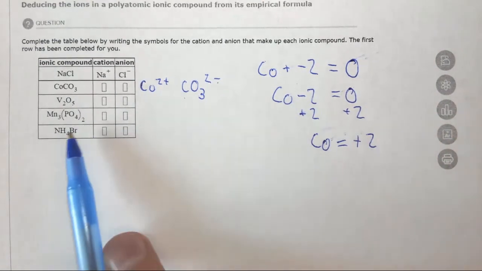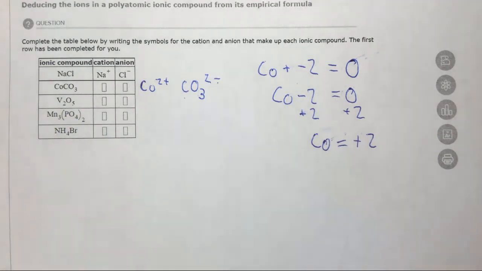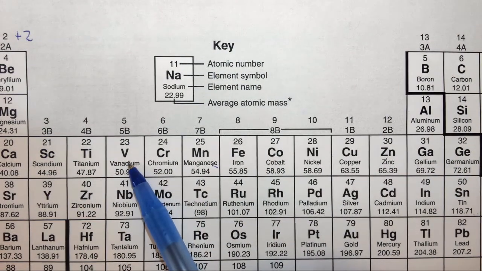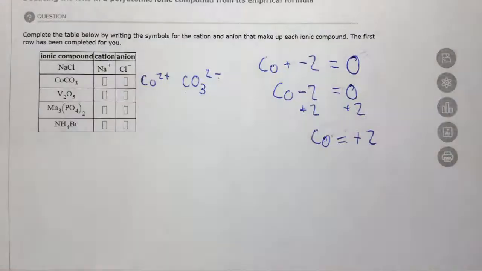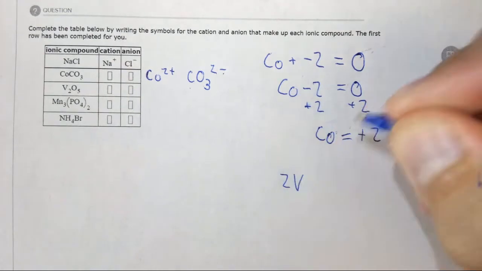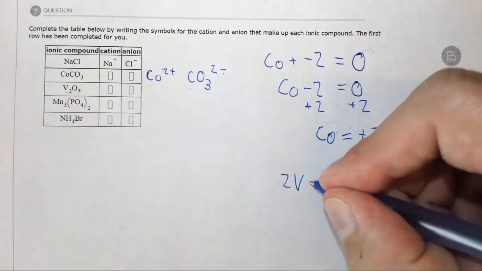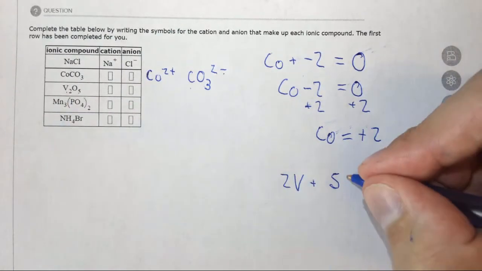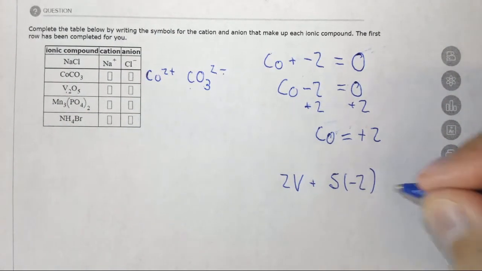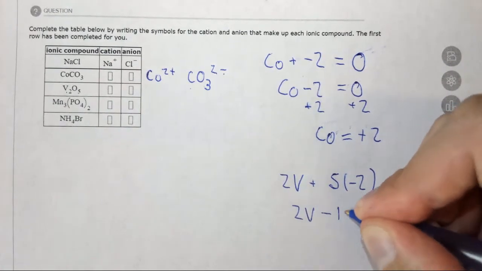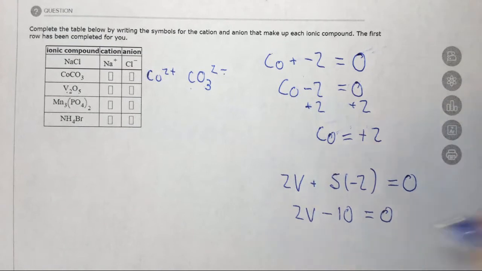We're going to do something similar with V2O5. V is vanadium, also a transition element capable of forming multiple charges. In this case, we do 2V, because there are 2 of them, plus 5 times -2, the charge on oxygen, equals 0. 2V - 10 = 0.